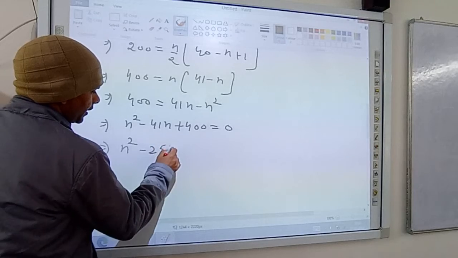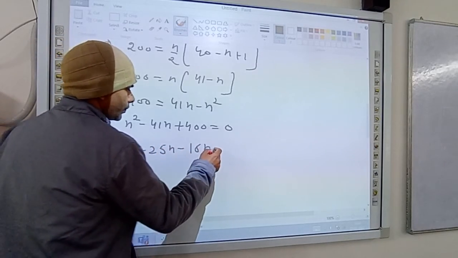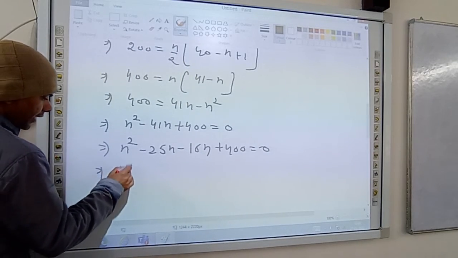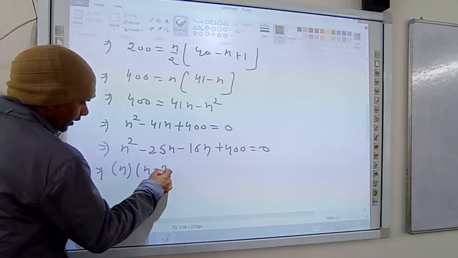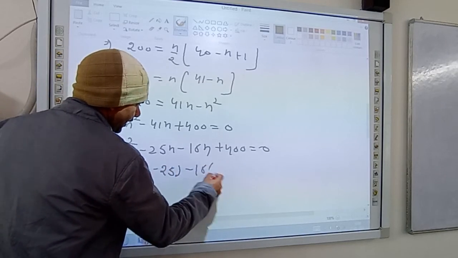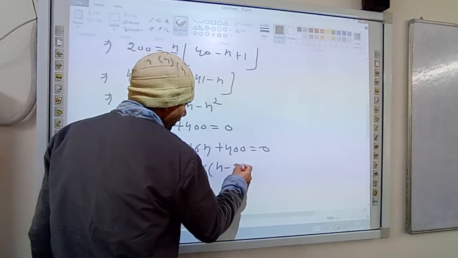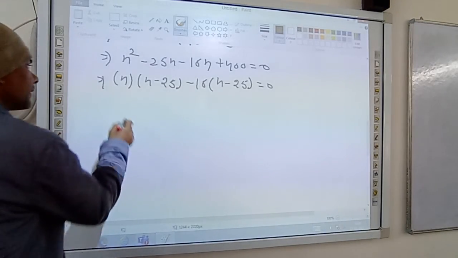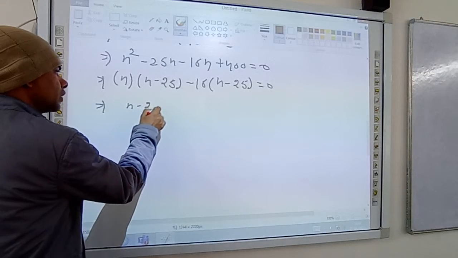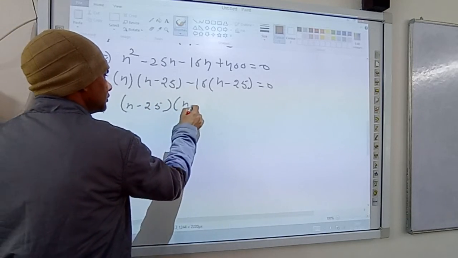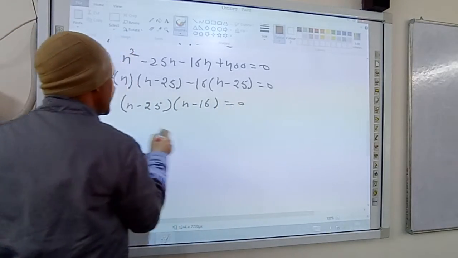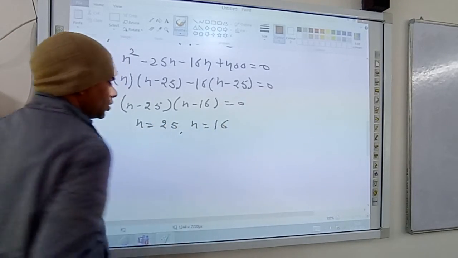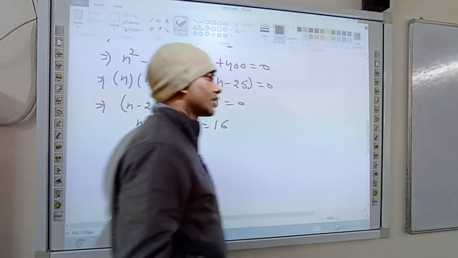Minus 25 and minus 16: n square minus 25n minus 16n plus 400 equals 0. Taking n as a common factor, n into n minus 25 minus 16 into n minus 25 equals 0. So n minus 25 and n minus 16 equal 0. n is equal to 25 and n is equal to 16.